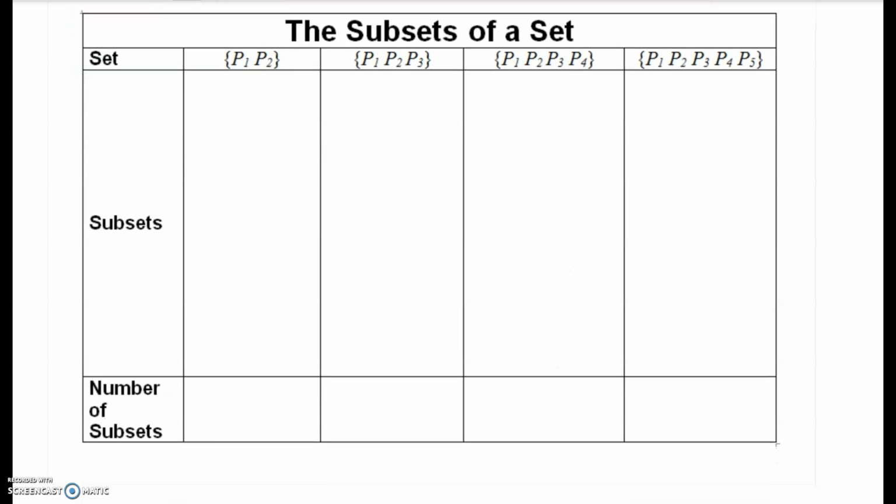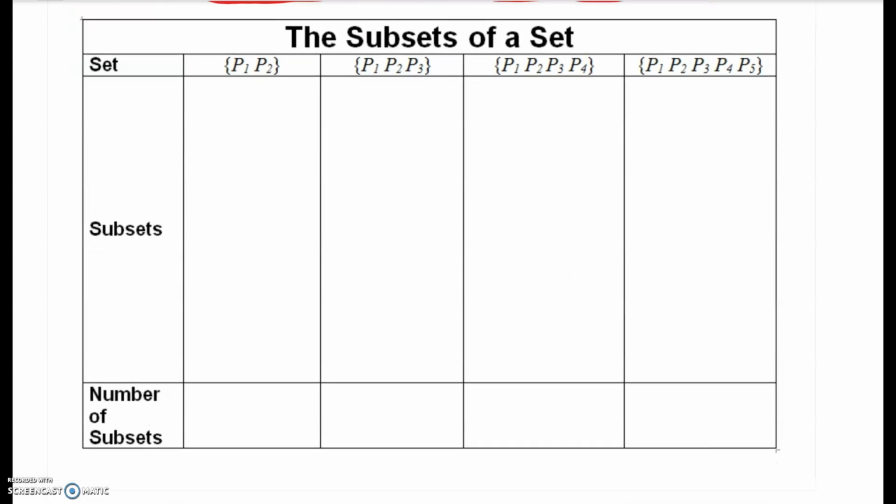Okay, so the goal here is to determine how many subsets I can get from a set. We're going to start with this first column, and notice that we have a set that has two elements, and we'll call these elements player 1 and player 2.